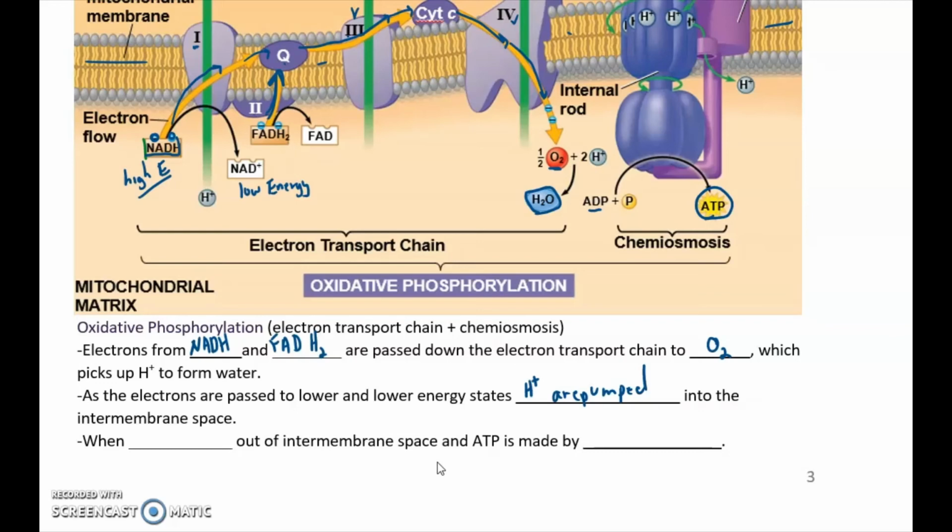Then, when the hydrogen ions diffuse out of the intermembranous space, ATP is made by ATP synthase.